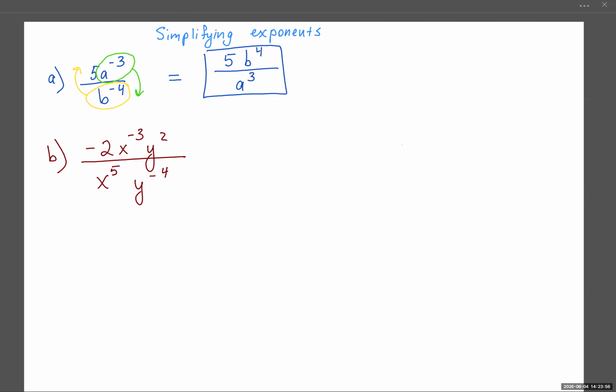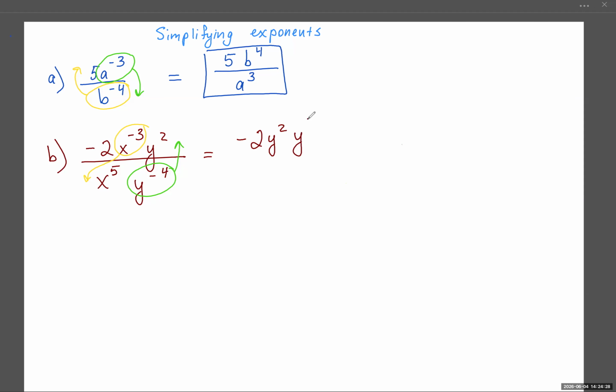The same kind of example, where the x to the negative 3rd power is going to go into the denominator, the power will become positive, and y to the negative 4 power will go into the numerator, the power will become positive. Now the negative 2, we are actually not touching. It's not 2 to the negative 1 power, it's just negative 2, so it's going to stay in the numerator, negative 2. I have y squared that was already there.